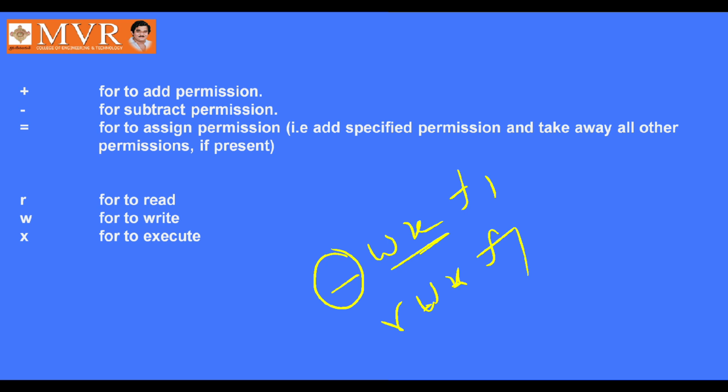That is the difference. I think you got the point. So plus and equal to are both used to assign permissions, but with the plus symbol it won't change the other permissions. When you use the equal to symbol, it will assign the given permission, but at the same time it removes all existing permissions. That is the important thing you need to remember.